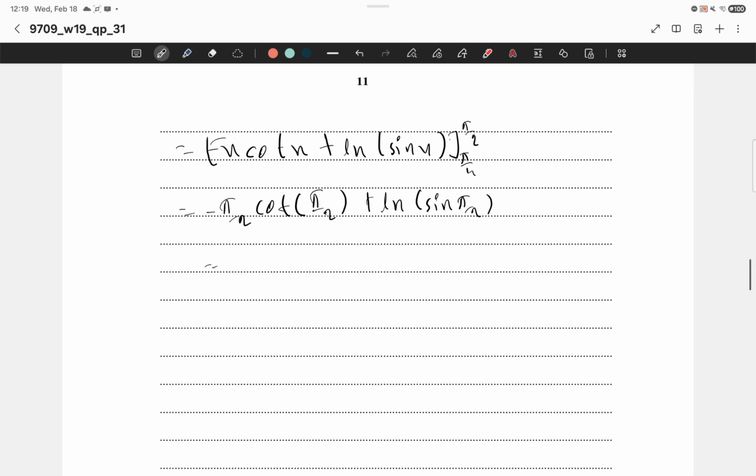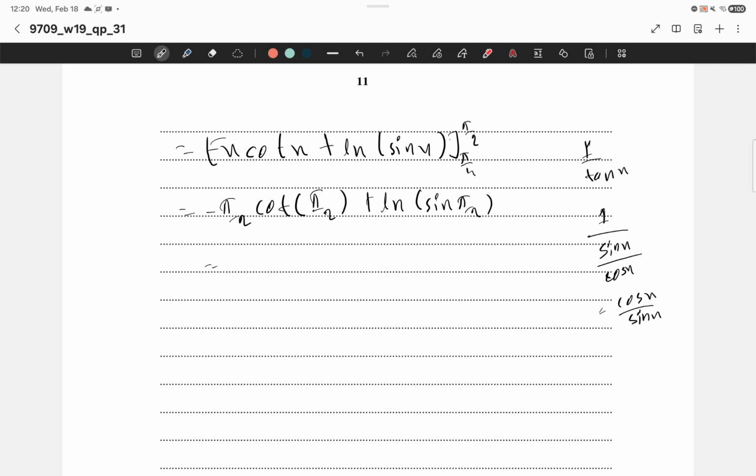The thing is, 1 by tan x is 1 by sine x by cos x, because tan x is sine x by cos x, which is cos x by sine x. But here the value of cos x cannot be 0. If the value of cos x is 0, then this is not a valid step, and at x equals pi by 2, the value of cos x is 0. So this is not valid.